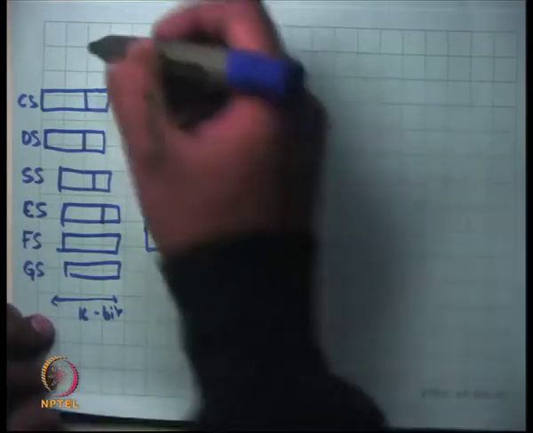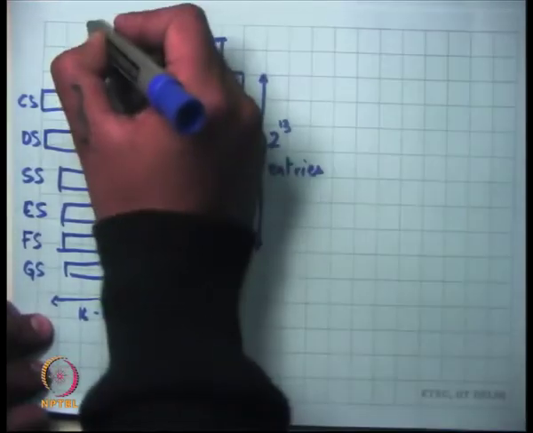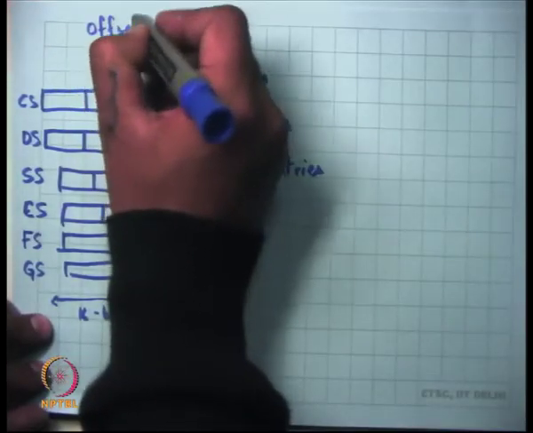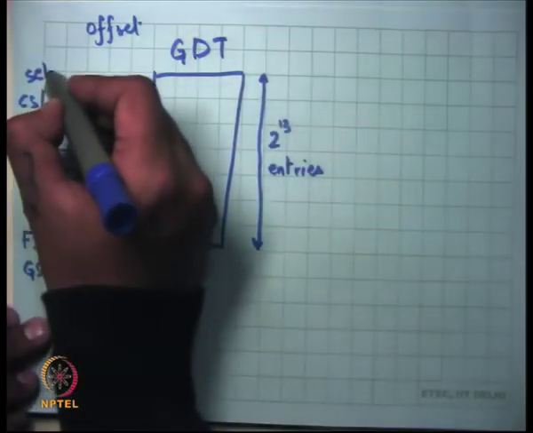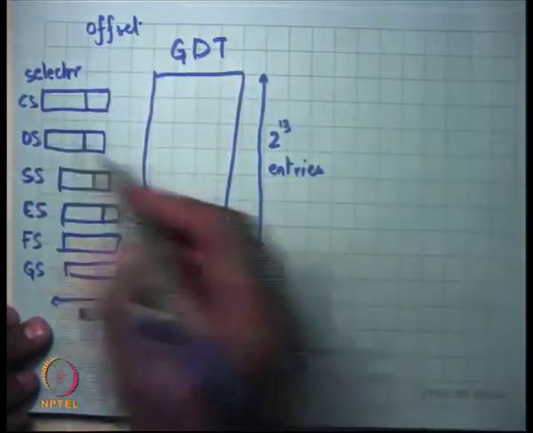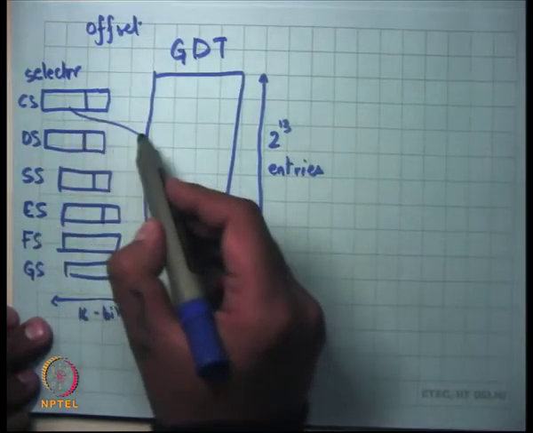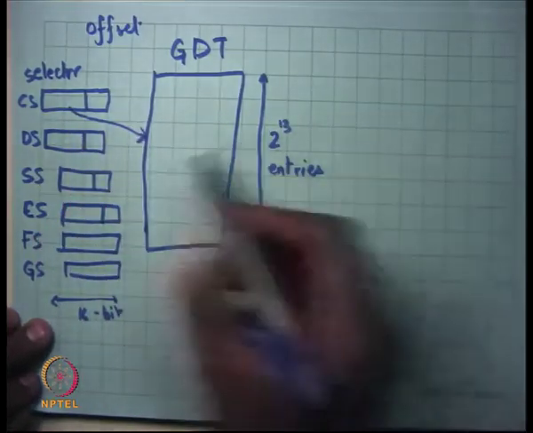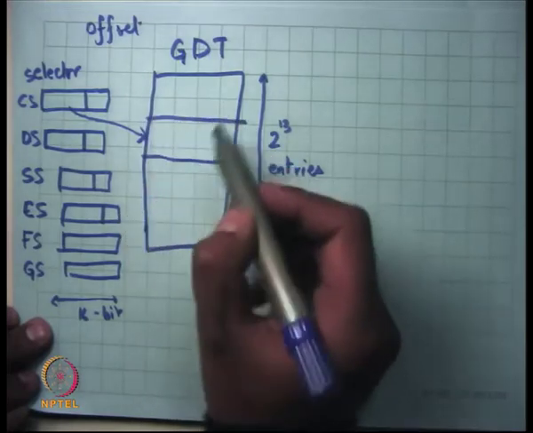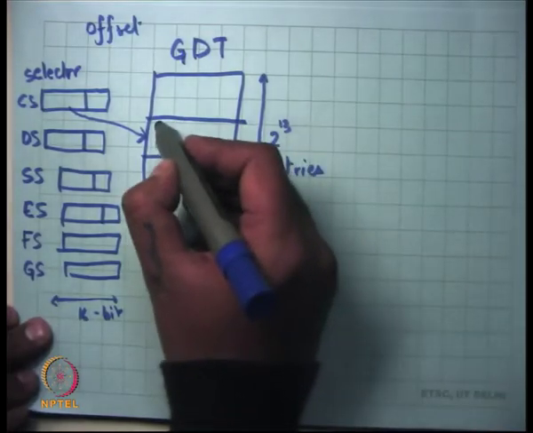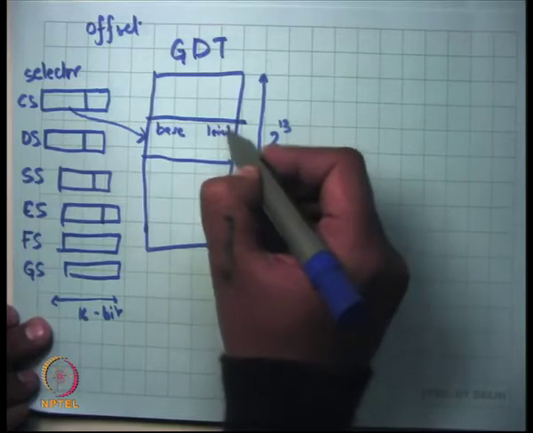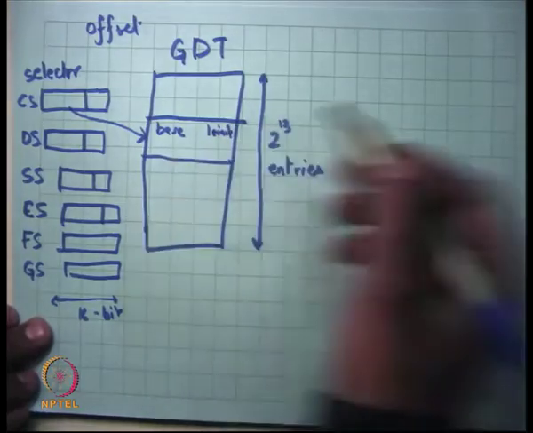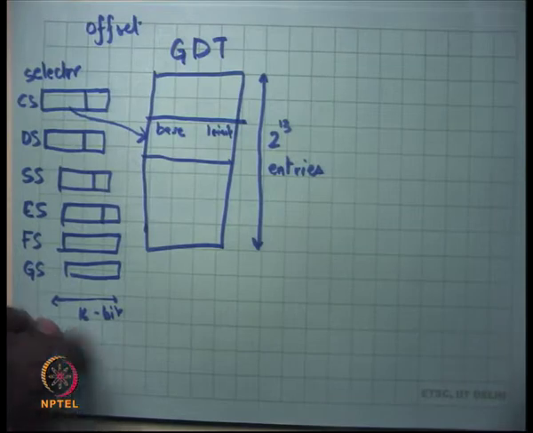So let's say there is an offset that's coming from the user, and there is a segment selector. The selector's top 13 bits tell you which entry to look at, and from there I am going to get numbers like base, limit, and permissions, but let us just say base and limit for now.